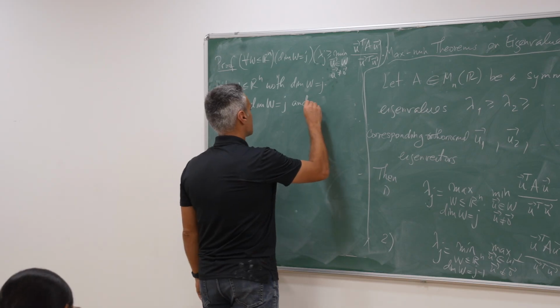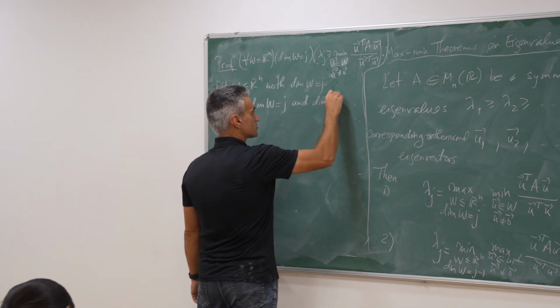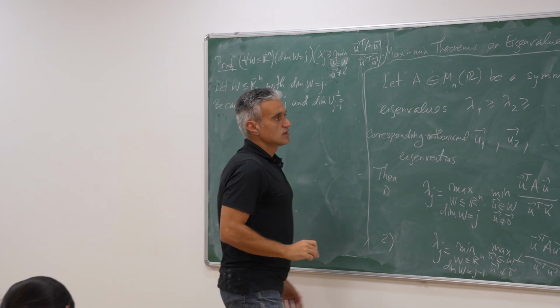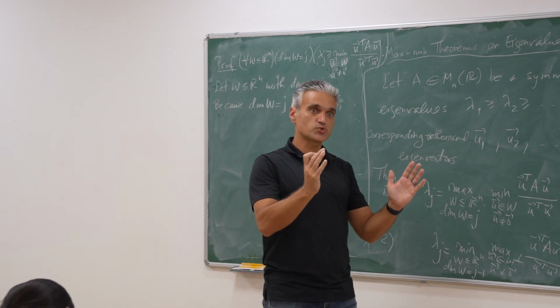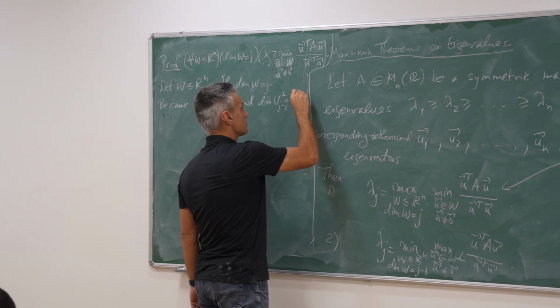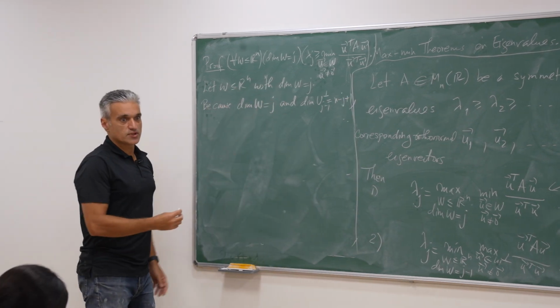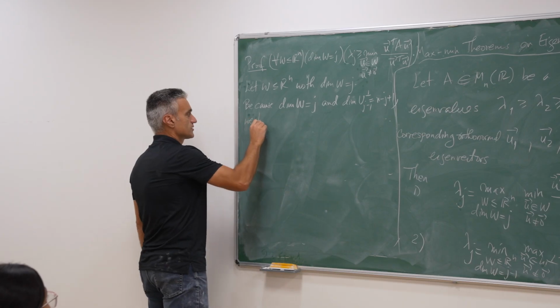We have the dimension of uj minus 1 perp. So uj minus 1 is spanned by 1 to j minus 1, so the dimension of the perp is going to be the rest, so it's going to be n minus j plus 1. You do the usual thing.